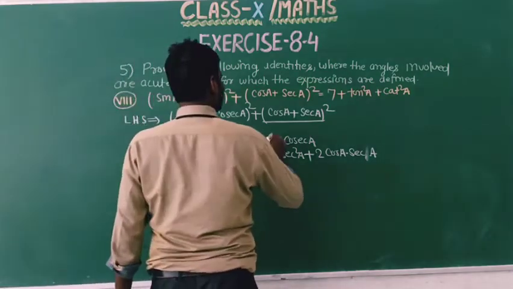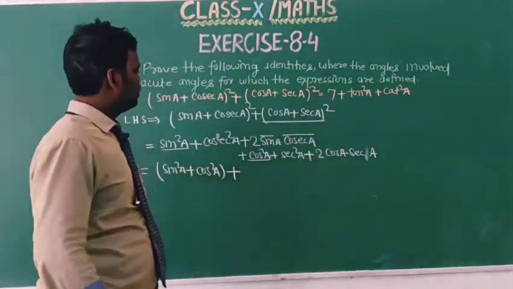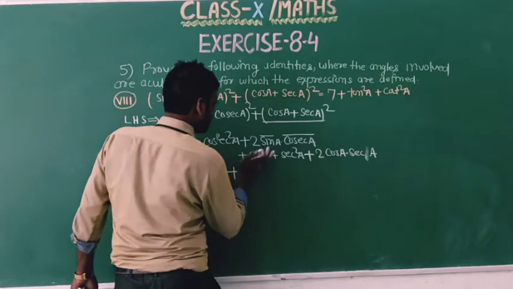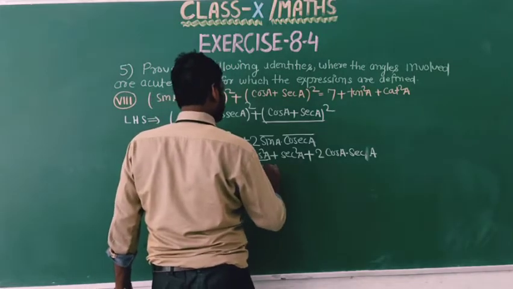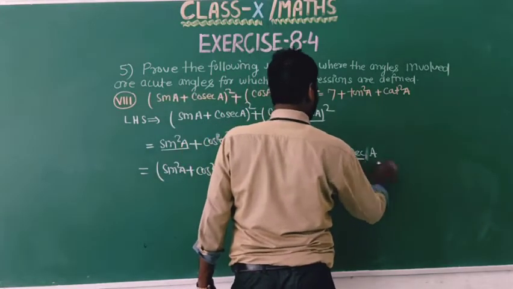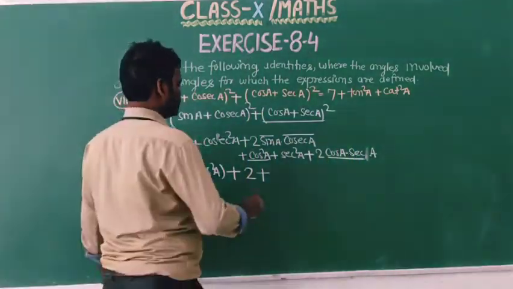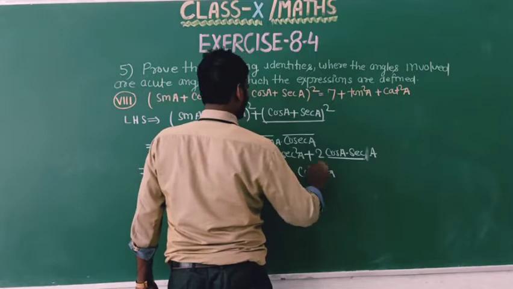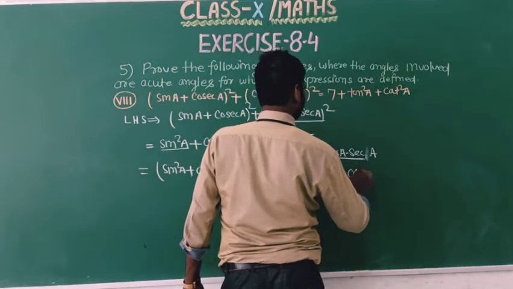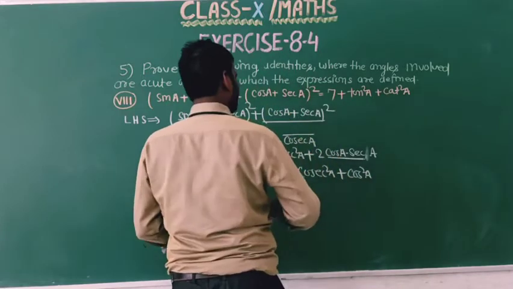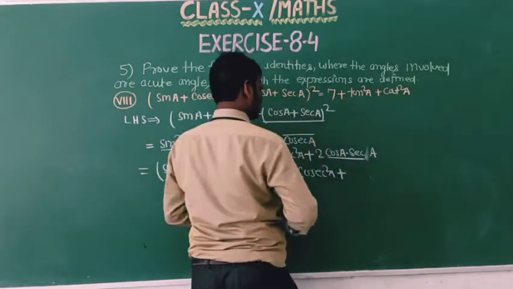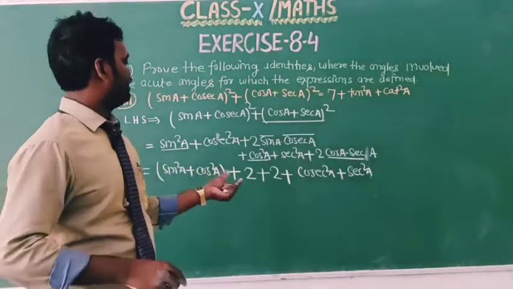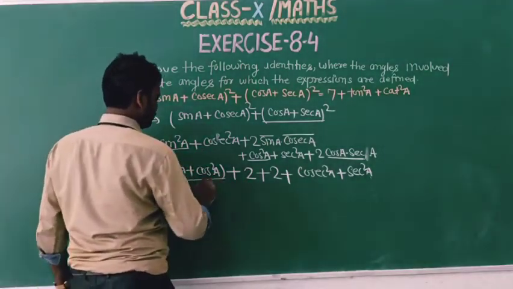Sin a into cosec a is 1, so this is 2, and similarly cos a into sec a is 1, so this is 2, plus cosec square a plus sec square a. So this value is 1 plus 4.